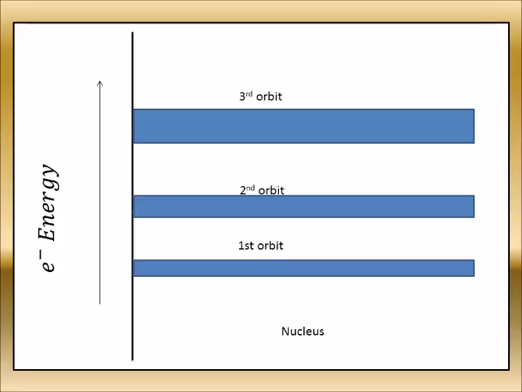This band formation is because of the high density of the energy levels for different orbits coming together. They seem like a band, so this is no longer a single energy level state but a formation of energy bands.